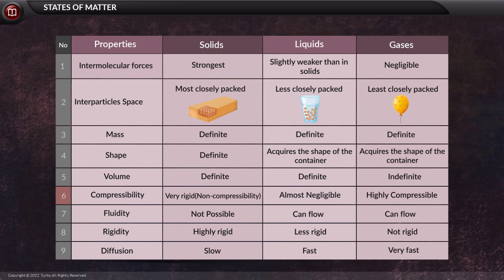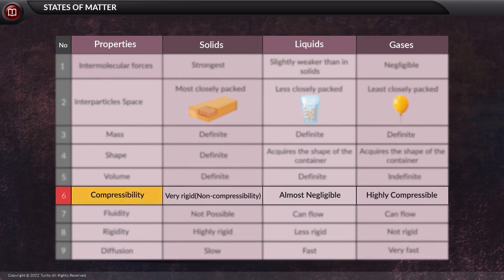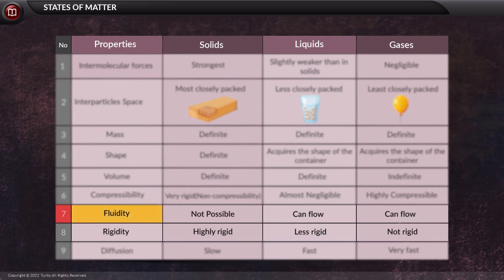Now, the next one is compressibility, which means the ability to compress. Solids are very rigid. Compressibility in liquids is negligible. On the other hand, gases are highly compressible. The next one to discuss is fluidity and rigidity. What is fluidity?